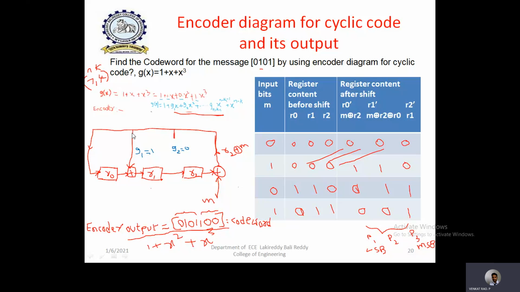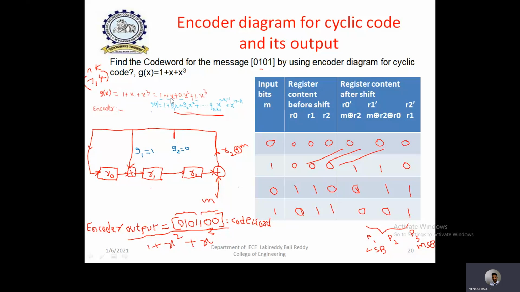So how to identify whether there should be a feedback connection or not? This depends on the coefficients of the generator polynomial. So directly go to the generator polynomial equation, that is 1 plus x plus x cube, and identify the coefficients by comparing with the standard notation. Here we know that only 2 coefficients are there, g1 and g2, since the last term is x cube.